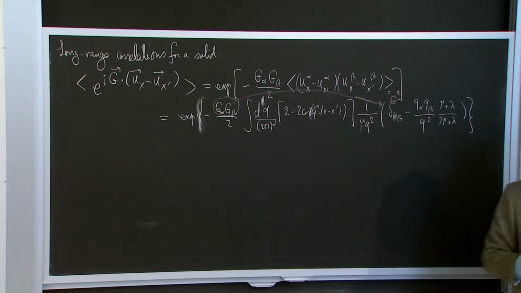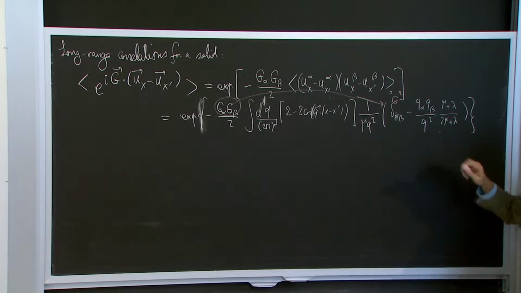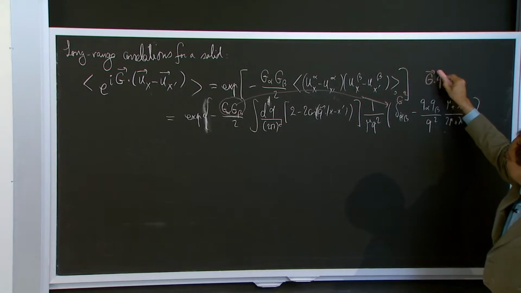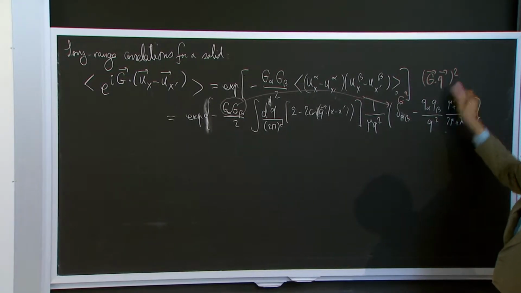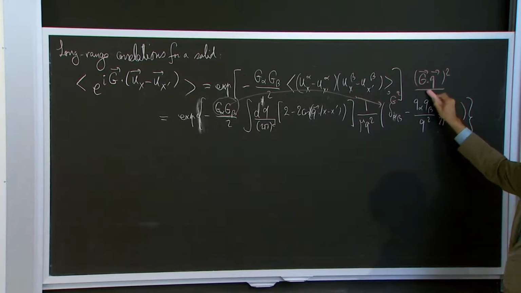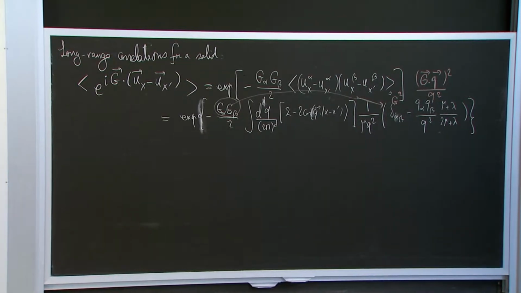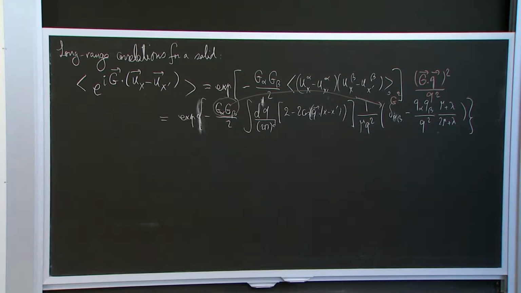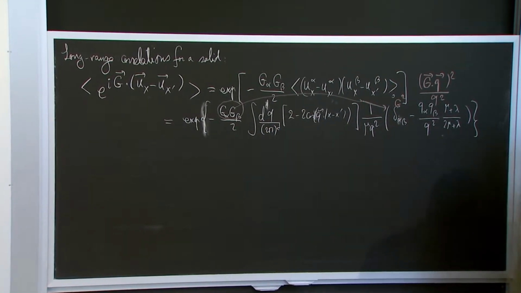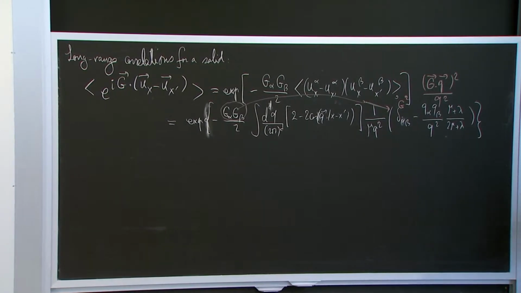Here, what I will get is g dot q squared, because I will have two g q's, divided by q squared. Ultimately, I have to integrate over all values of q, including all angle values.